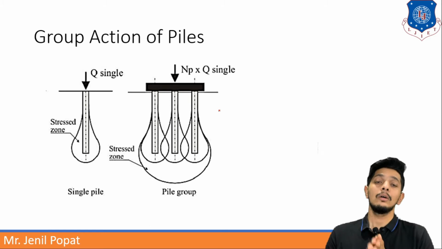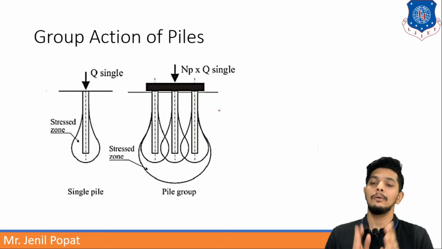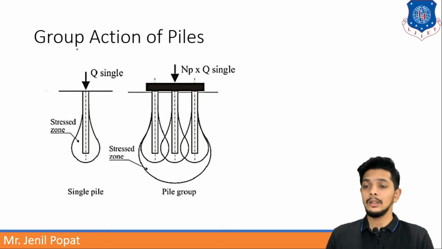Now, coming on to the group action, or load carrying capacity of a pile group. This diagram is showing two images. In the first image we can see the load Q coming on a single pile, and the single pile has a stress zone, or load bearing capacity zone, in a bulb shape, as we have studied in stress distribution. In the same way, if three piles are there, all three individual zones will be like this.